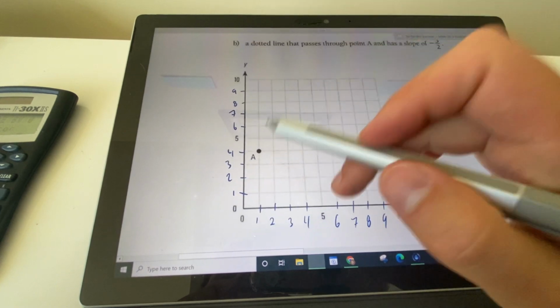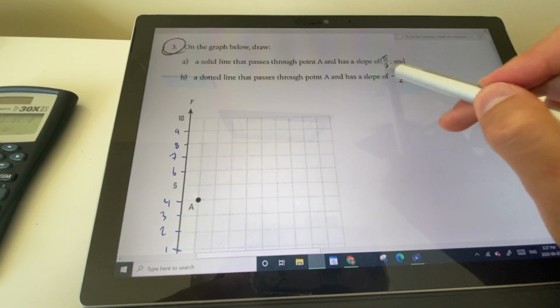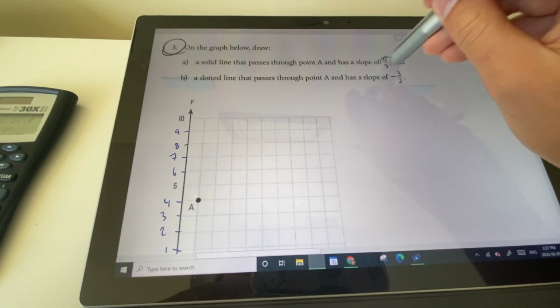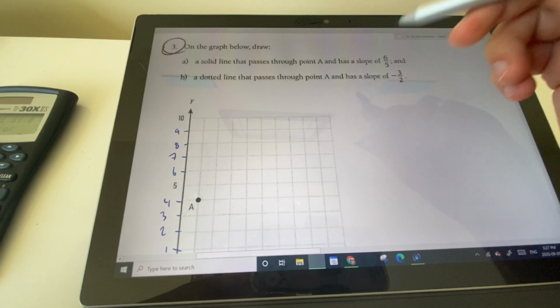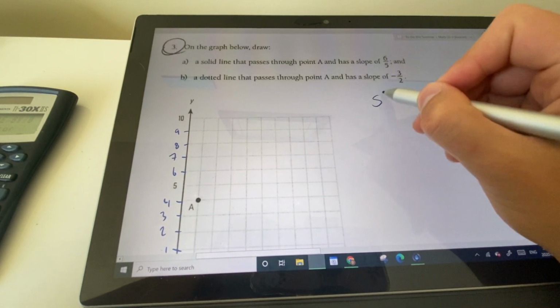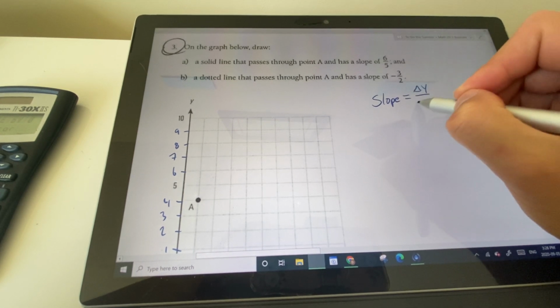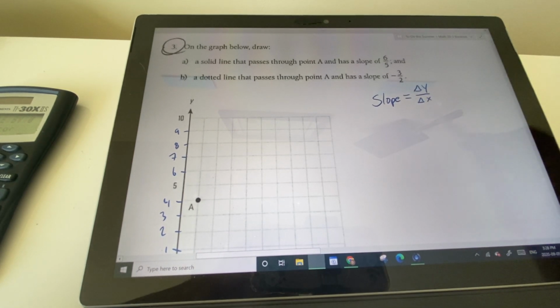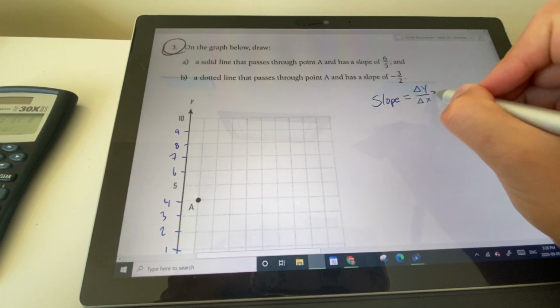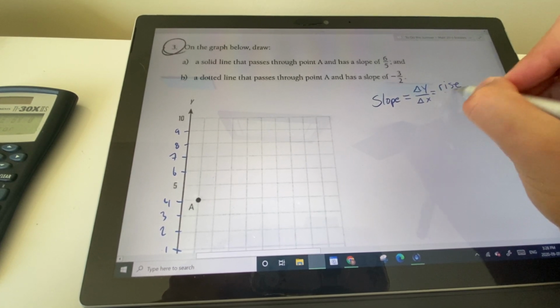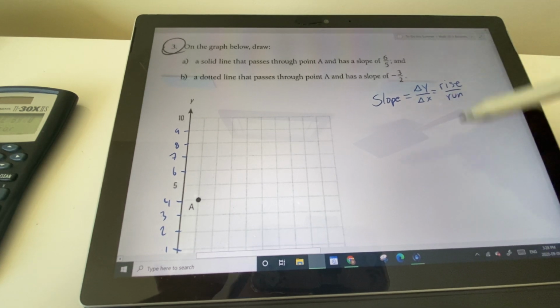Now, starting at point A, it wants us to create a line with a slope of 6 over 5. Remember, slope equals the change in y over the change in x. We also know, and this is a little easier, it's just rise over run. Remember, rise is up and down, run is side to side.